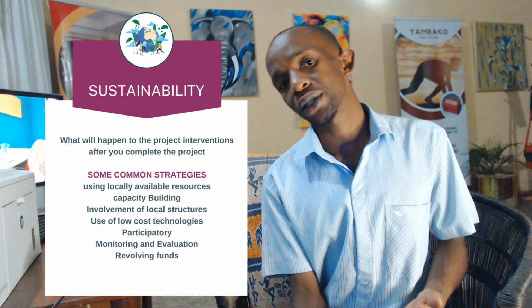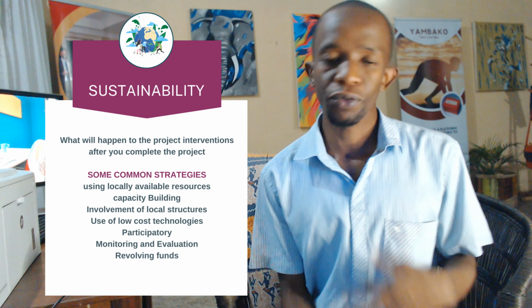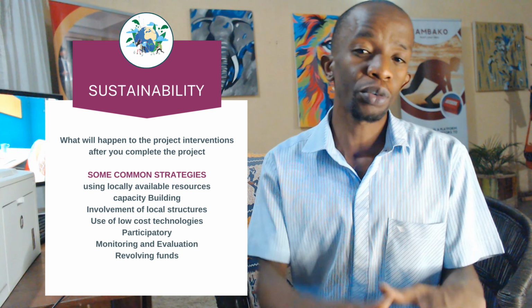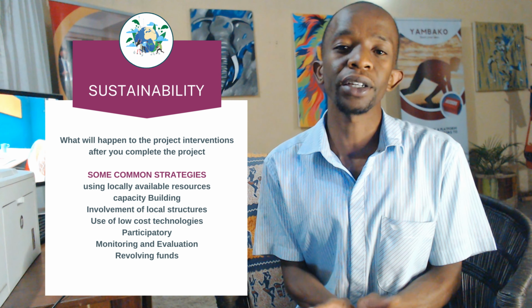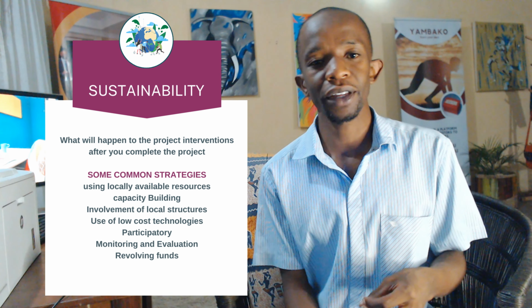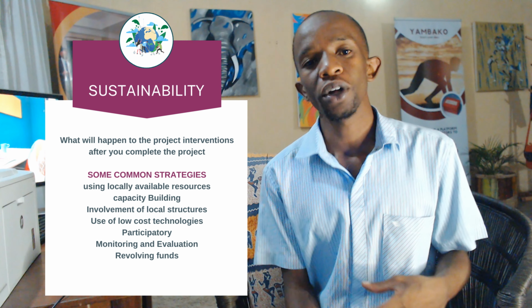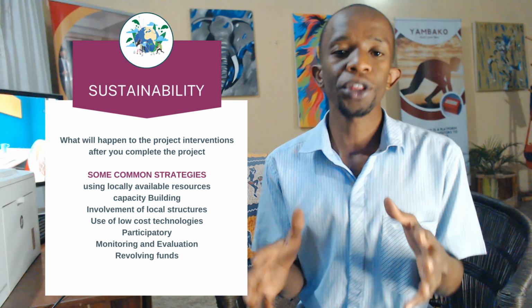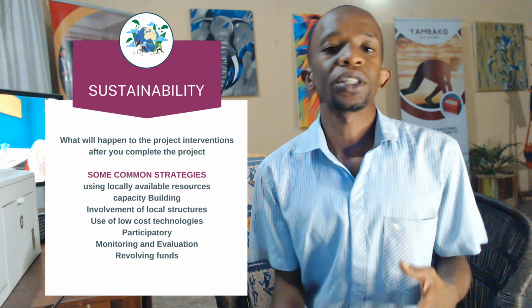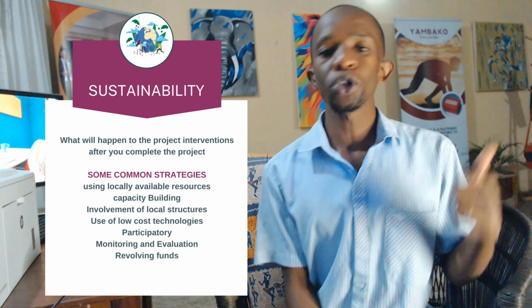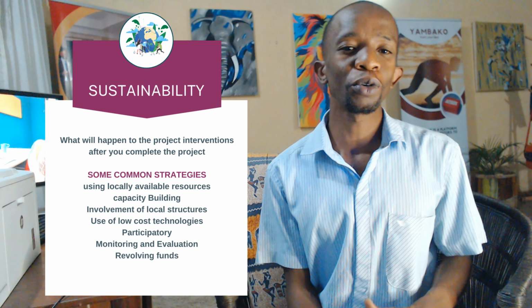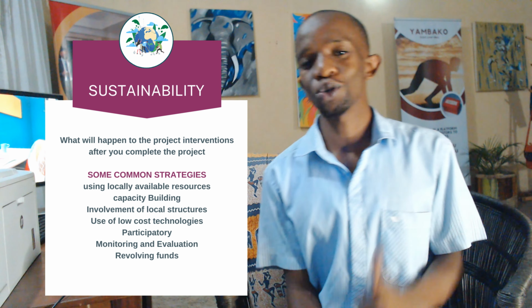Some projects, like in WASH, for instance, after drilling a borehole, the community should have their own revolving fund, so that whenever something malfunctions with the borehole, the community members with the fund can fix the borehole, without having to call project officers to do that kind of work.